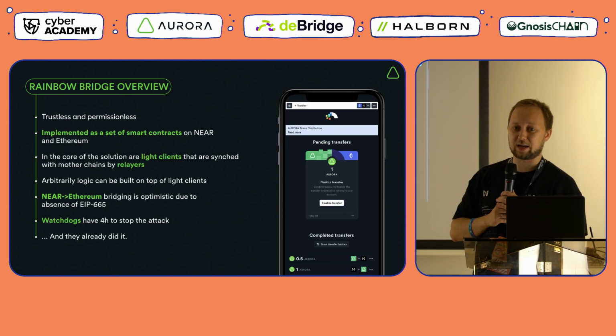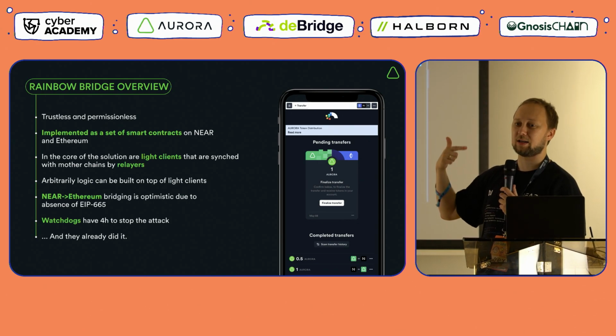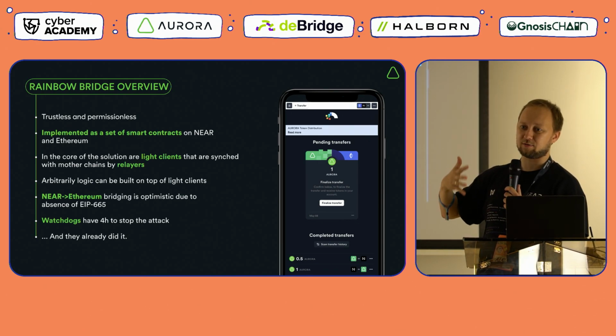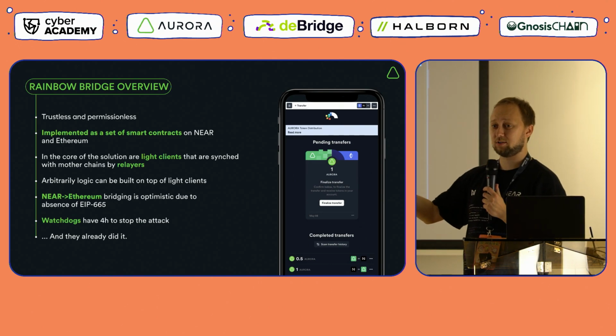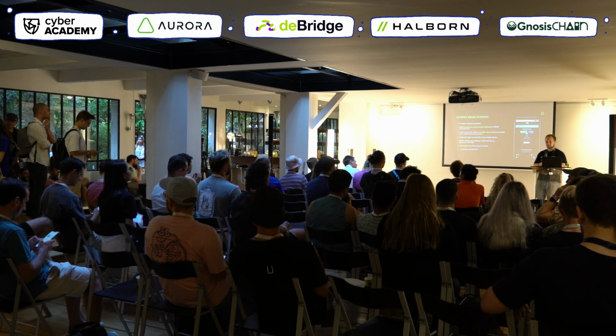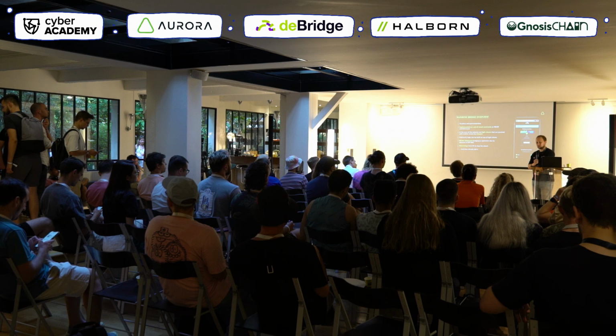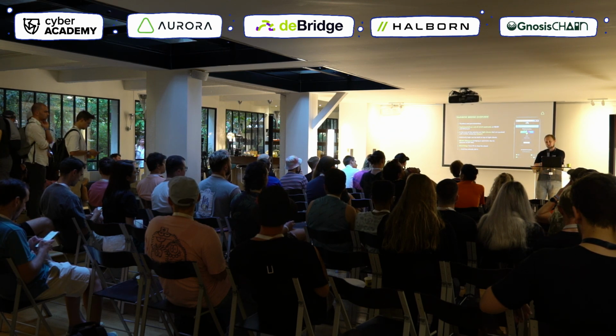Because this is something that is stopping not only Rainbow Bridge or the Near team, this is something that is stopping many different advanced blockchains that are using great cryptography. Edwards curve cryptography at the moment is one of the best existent. So this is something that is stopping good integrations with such blockchains.